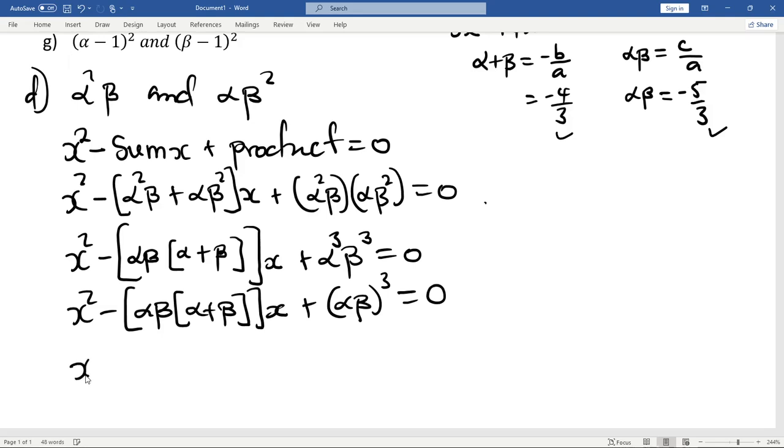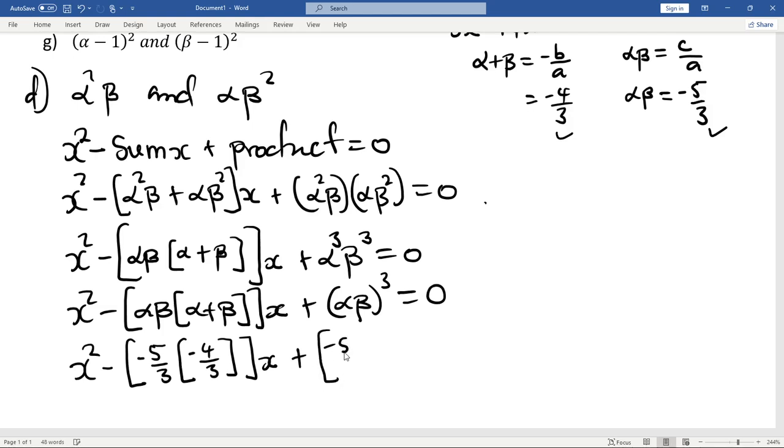So then we have x squared minus open brackets, where there's alpha beta, we put our negative 5 over 3, open brackets, alpha plus beta, negative 4 over 3, we close here, we have x plus open brackets, negative 5 over 3, cubed.